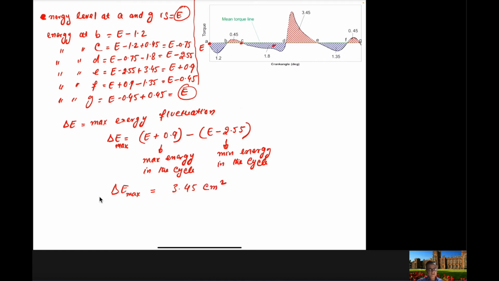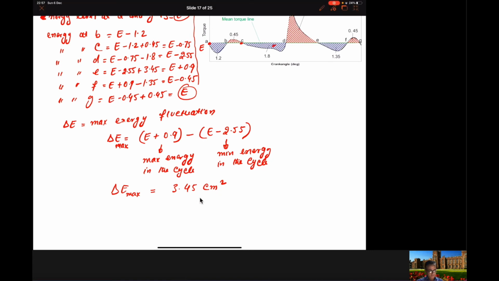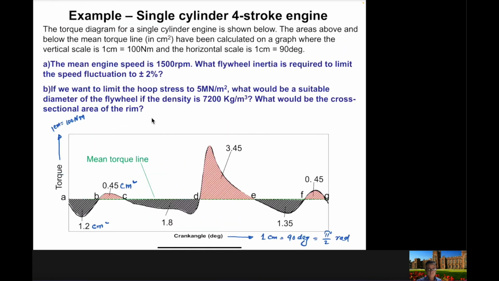Now the unit of the energy is not centimeter square, so you will need to convert this centimeter square to the proper units, and therefore you need to multiply this with these units here. So 1 centimeter equals 100 Newton meter, and 1 centimeter equals 90 degrees here.